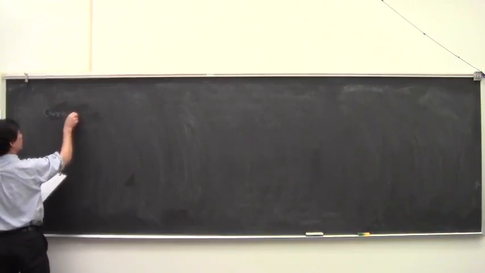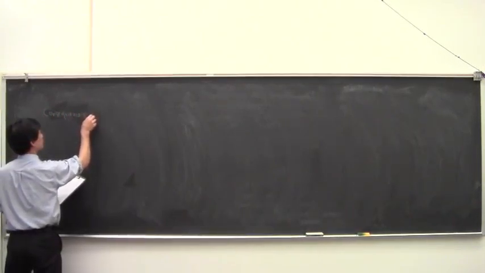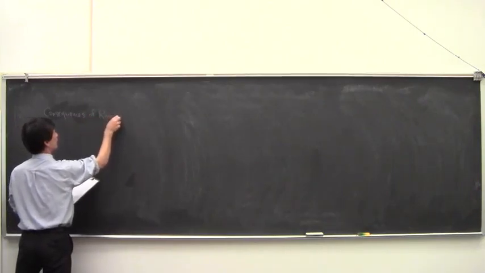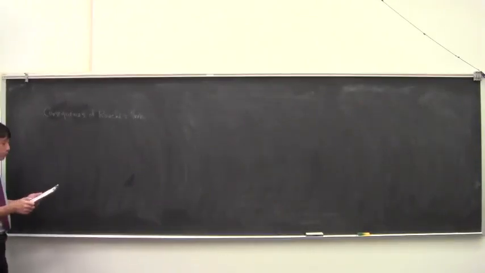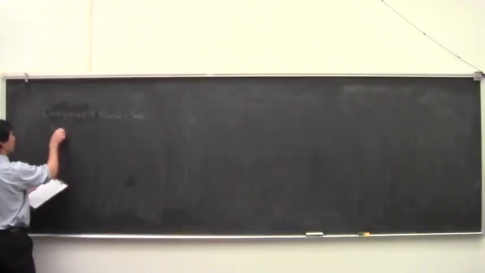What we said was that one of the consequences of Rouché's theorem, and we'll get more than one today, was what I was calling the locally n-to-1 lemma.